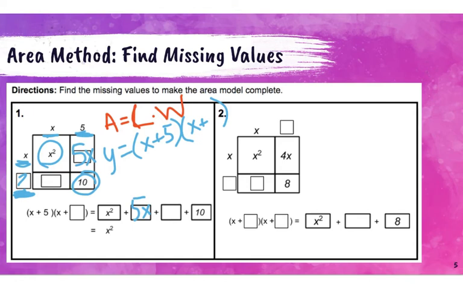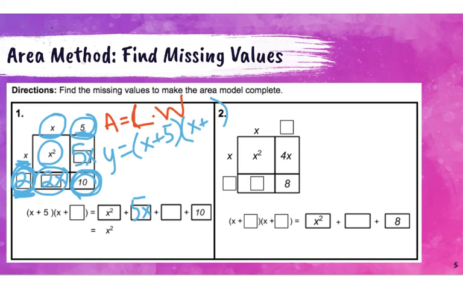If you chose the number 2, you would be correct. So here, this blank gets filled in by a 2 because 2 times 5 gives me this 10. All right? So now I know 2 times x gives me 2x.